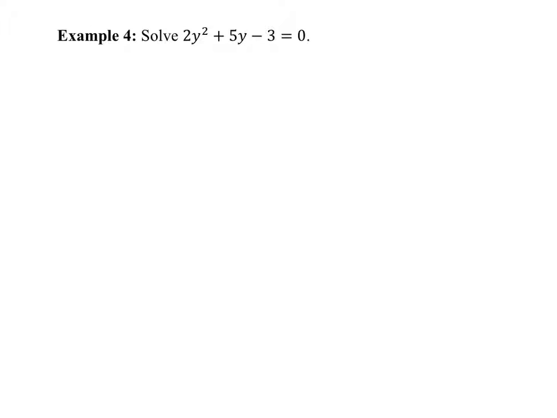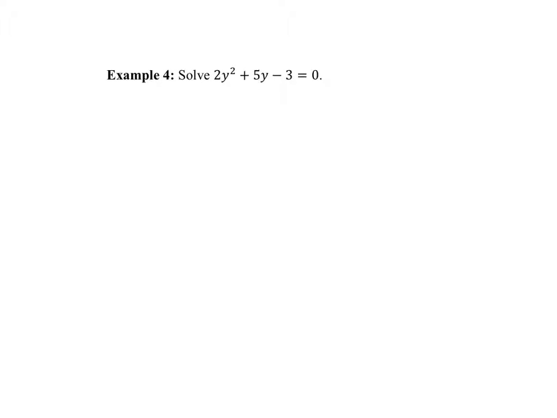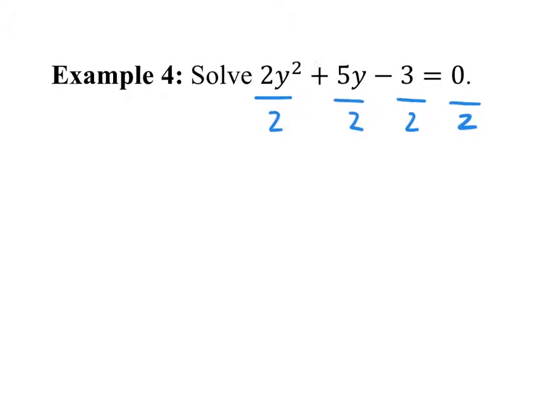So let's divide by a first. Divide by 2 everywhere. Divide every term literally by 2. When I do that, we're going to end up with y squared plus 5/2 y minus 3/2 equals 0.